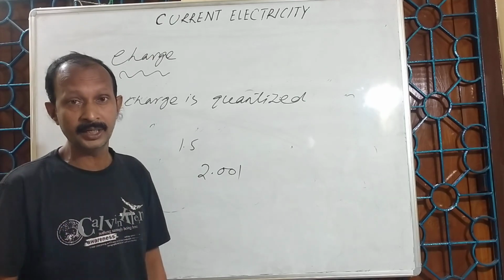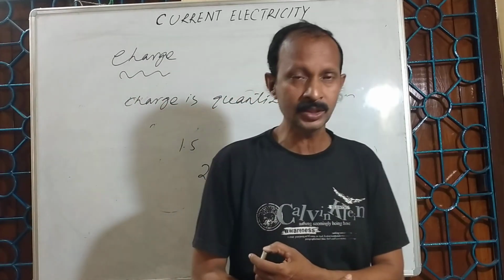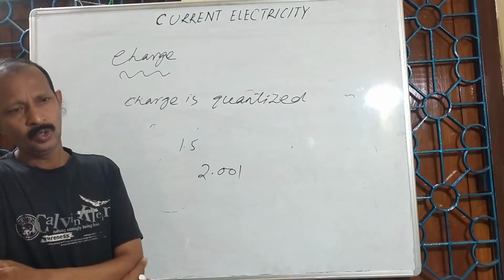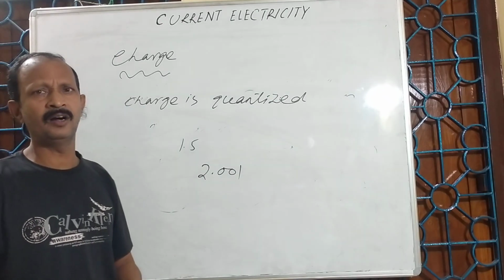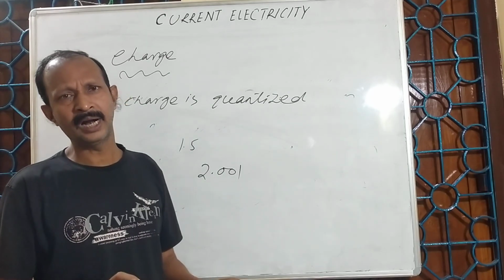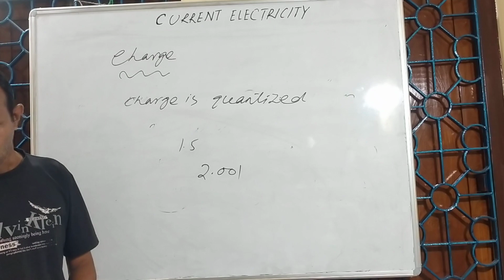Definitely that number is a whole number. So the excess or deficit of electrons must be a whole number multiple of the charge of an electron, no doubt at all. So I said that charge is quantized.